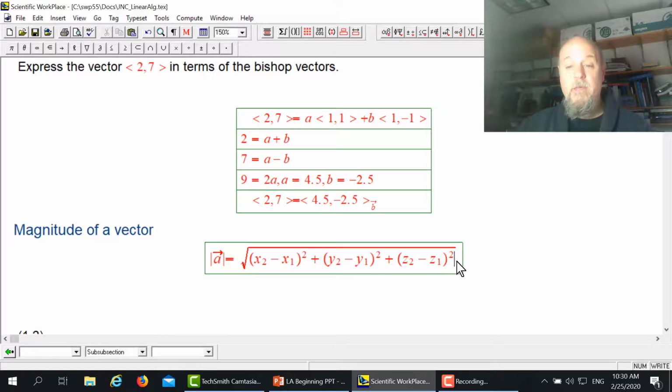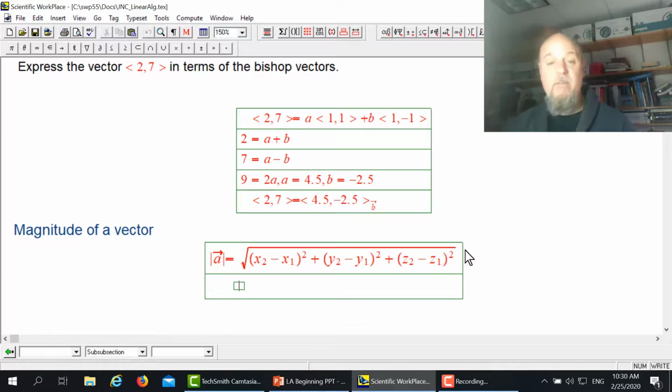Another way to think about this then is if I have vector A written in terms of components.